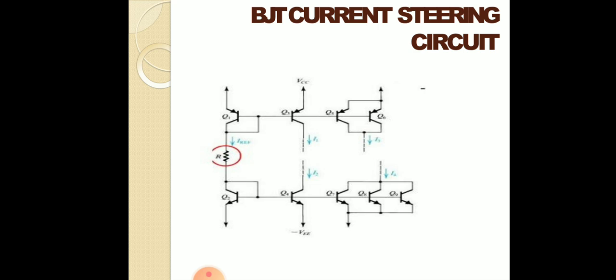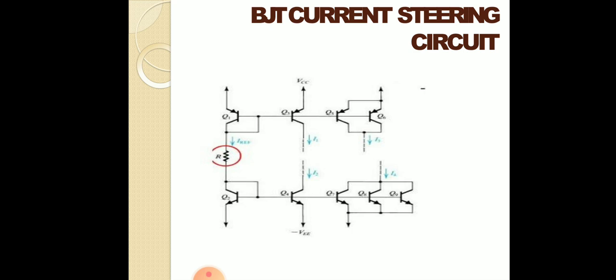Here we see the BJT current steering circuit. This BJT current steering circuit generates bias currents for different amplifier stages in an IC.